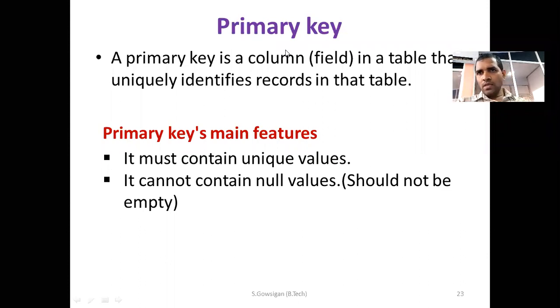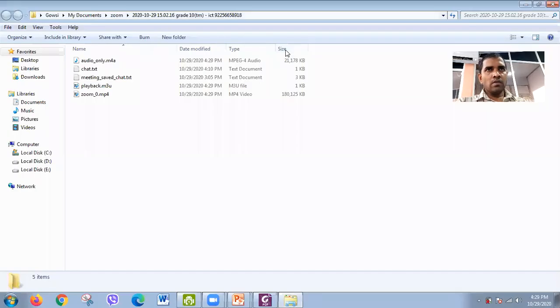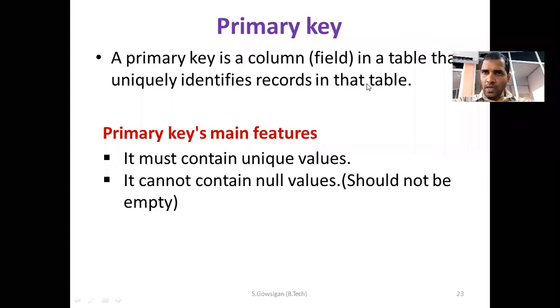So primary key is a field which is used to identify every record in a table. I repeat it. Listen to me. Primary key is a field which is used to identify each record, every record in a table.